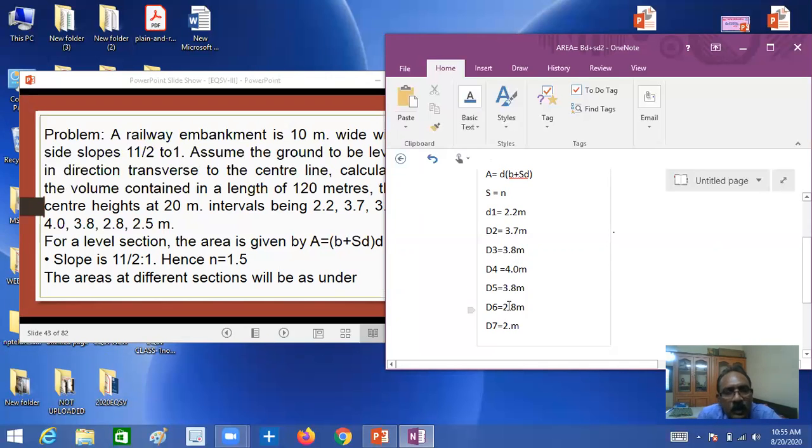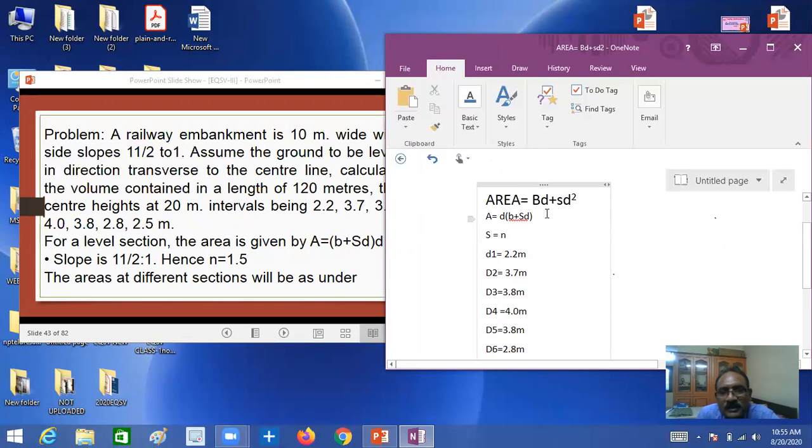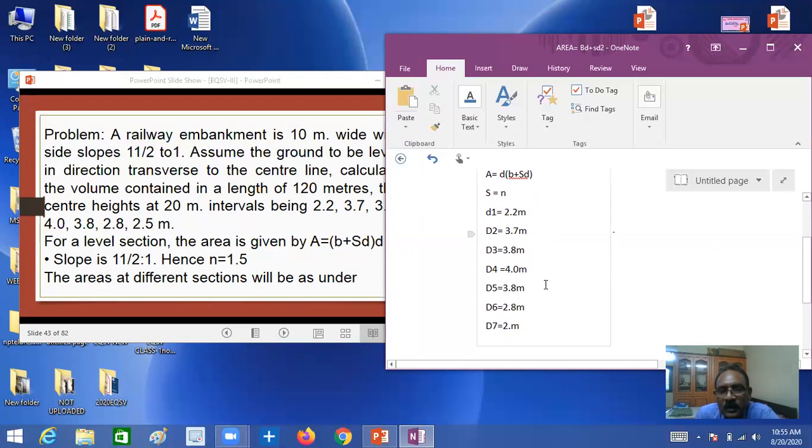We have to calculate the total quantity of embankment. As there is no transverse slope and the section is uniform, we have to calculate only the areas. Instead of D, you use D1, D2, D3 to calculate area 1. That is, A1 is equal to B D plus S D square.